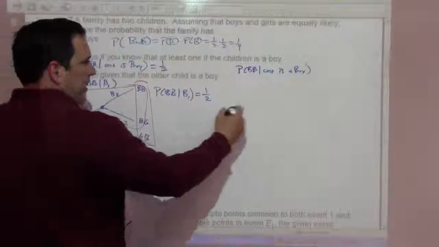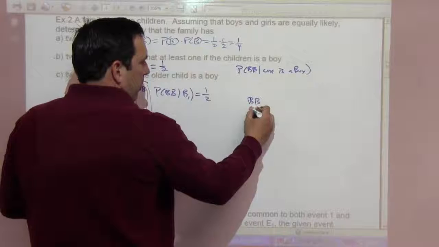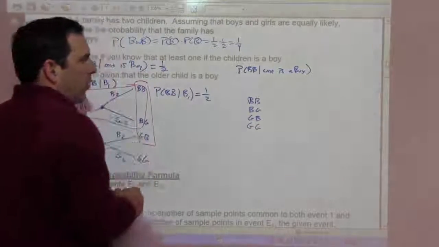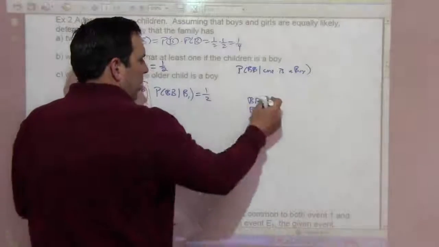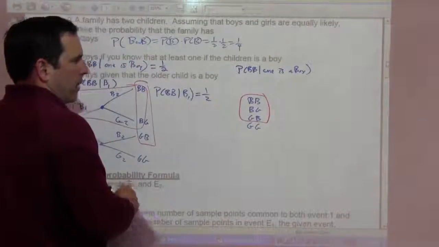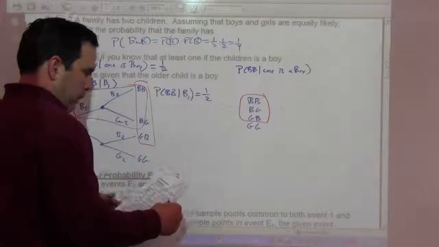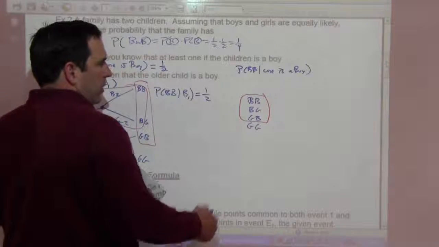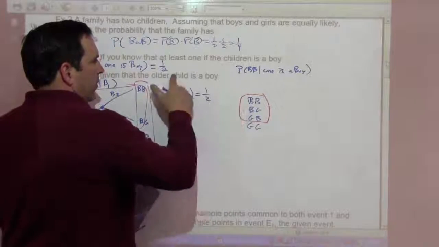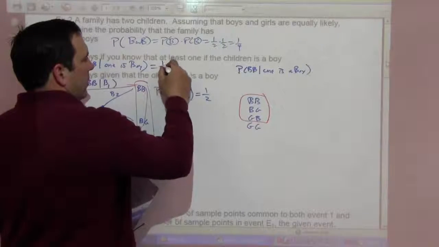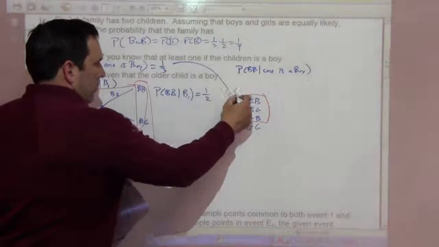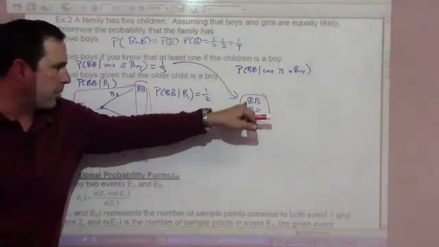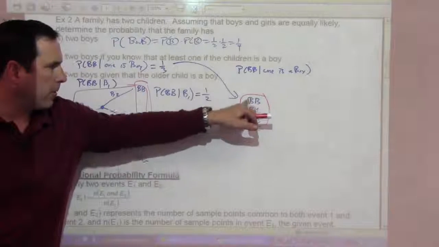So our sample set could have been BB, BG, GB, or GG. Now if we know one's a boy, it's going to be these 3 cases. Only in one of these 3 cases, where at least one of the children is a boy, do we have 2 boys. So that should be a 1 out of 3. So only one of the three possibilities has 2 boys.